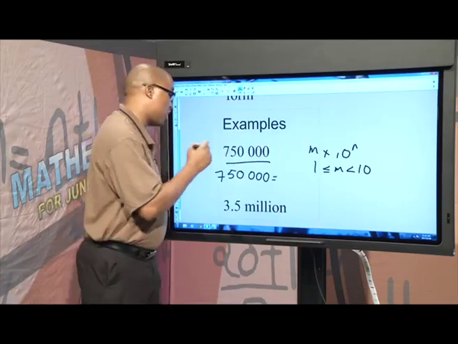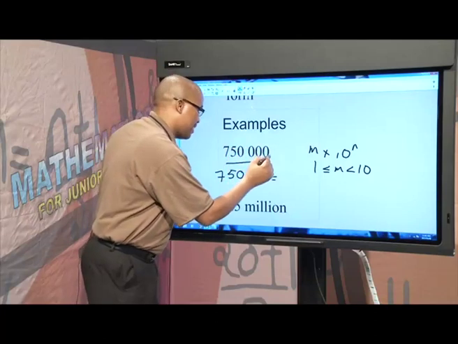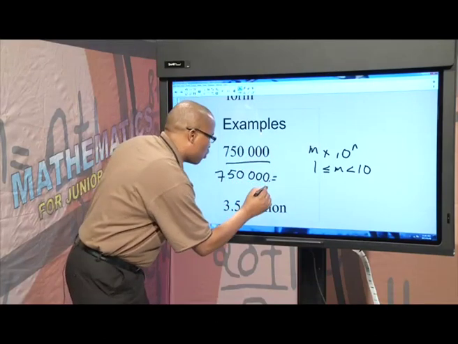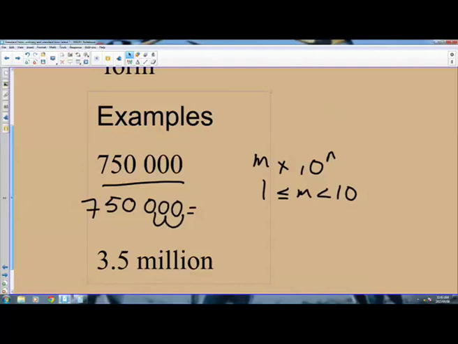So we'll try to achieve that by saying if the point is here, then we'll move this 1, 2, 3, 4, 5. We have moved our point 5 times to the left. So this will be 7.5 times 10 to the power 5.